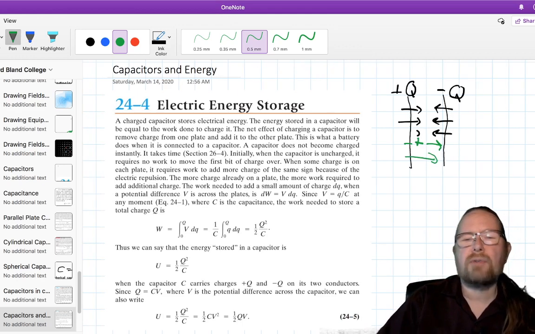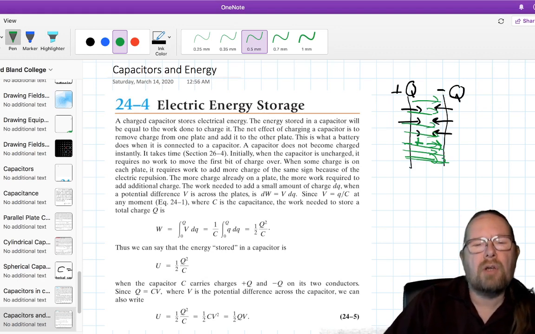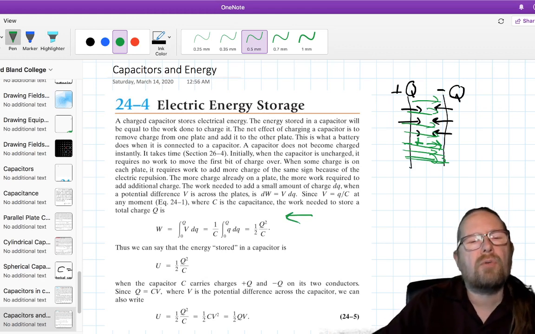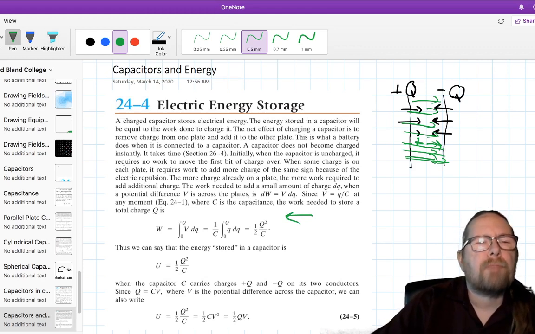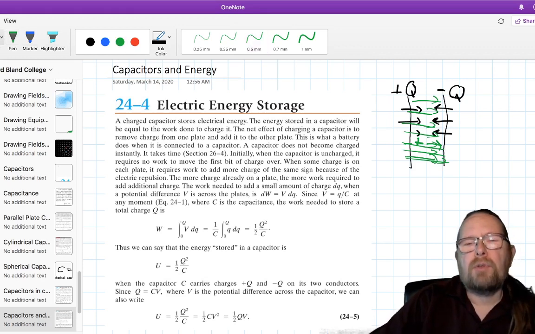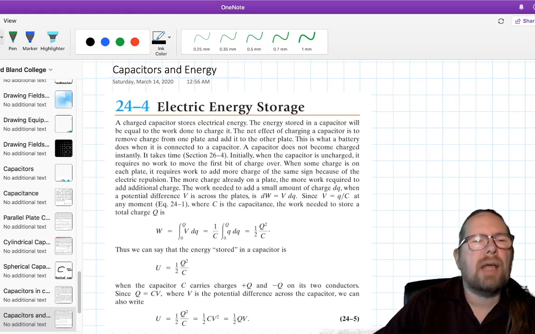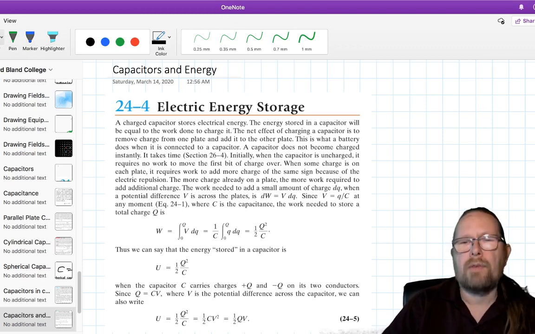So we can ask ourselves, what is the potential energy, the total potential energy stored on these plates due to the separation of these charges? And in chapter 24, section 24-4, they actually go through this calculation. If we remind ourselves of the relationship between electrical potential and electrical potential energy and work and the field.